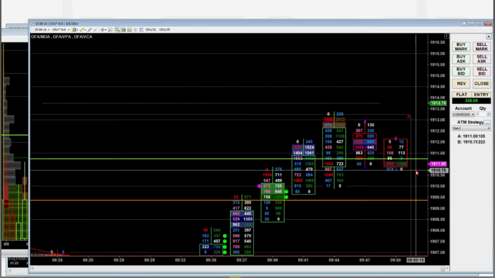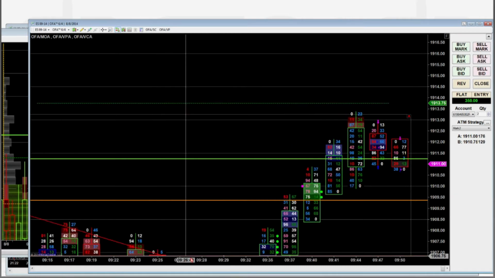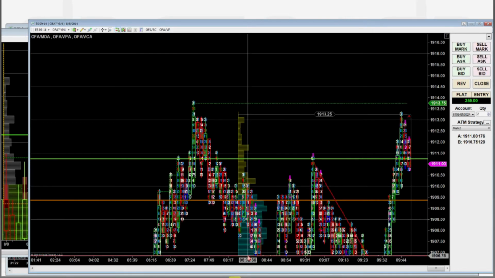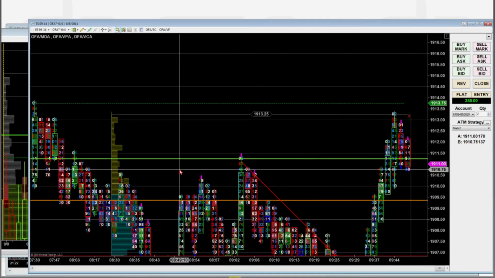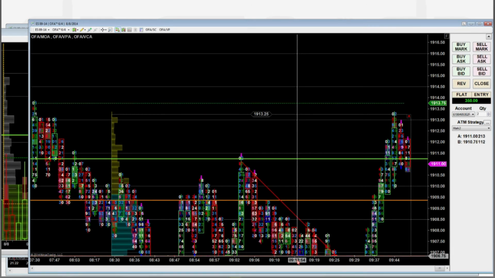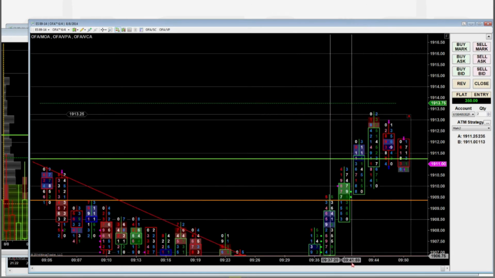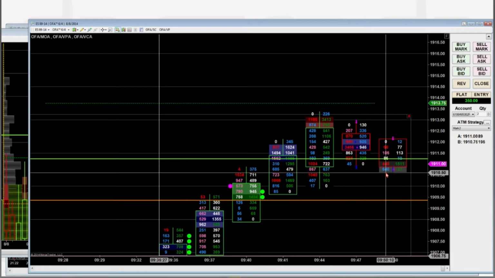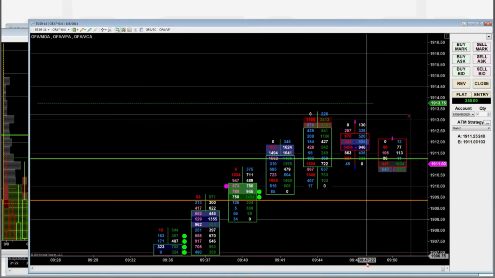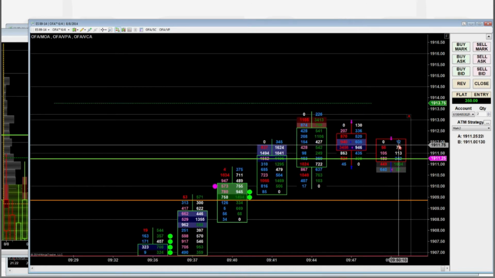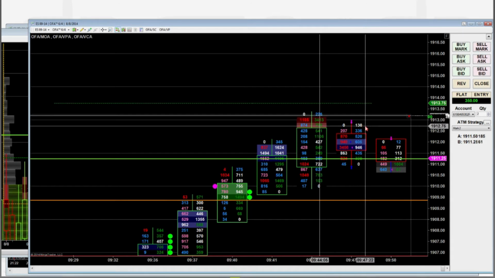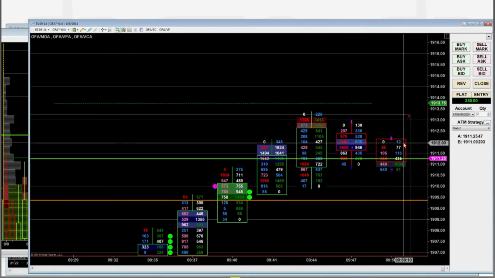So I need to go back and take a look at the profile, see what's going on. I got a little bit of a low volume area here at 1075. Seeing a little buying coming back, but now weakness here, neutral, weak at the top here.